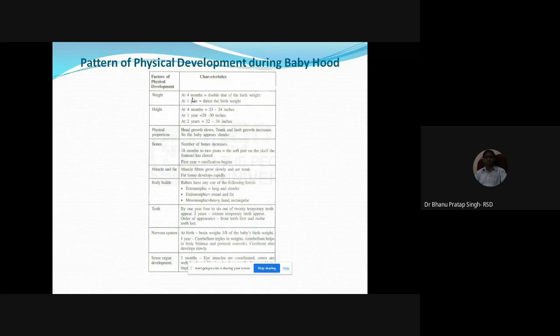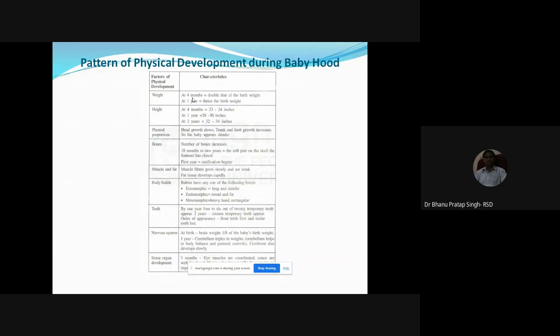The number of bones changes, because although a human body has 206 bones, at the starting age the bones are near about 300, and after that they join together.